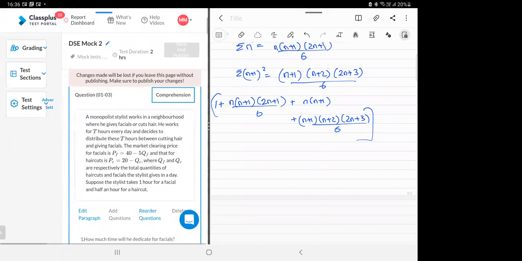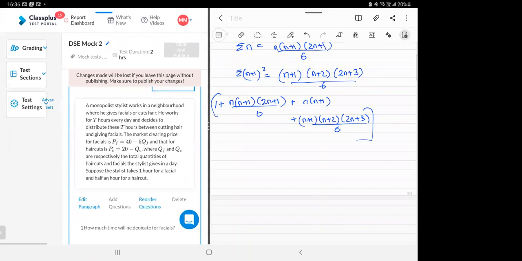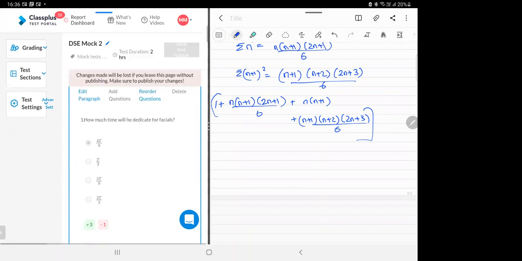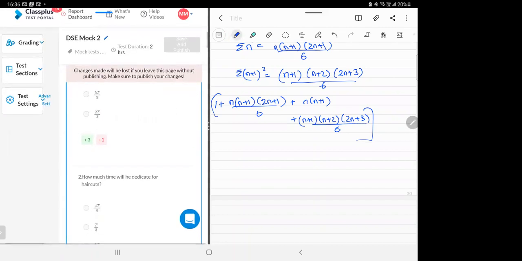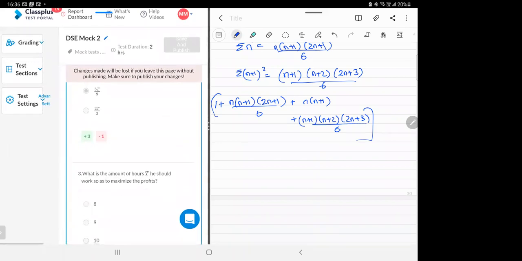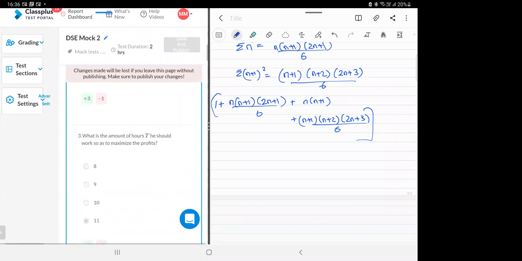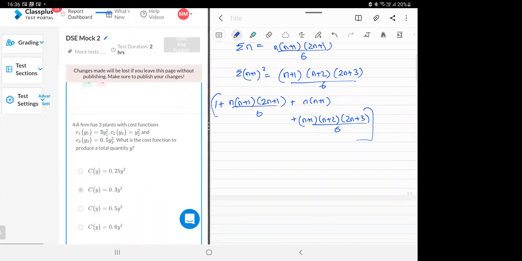Tanvi, just to clarify, it's the haircuts question, right? No, sir. After this. The second question in the paragraph. What is the amount of hours capital T he should work so as to maximize the profit? Okay, so this 3 plants question.